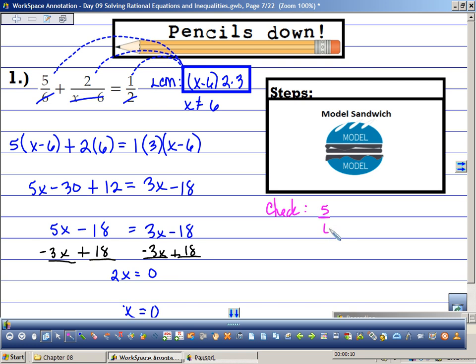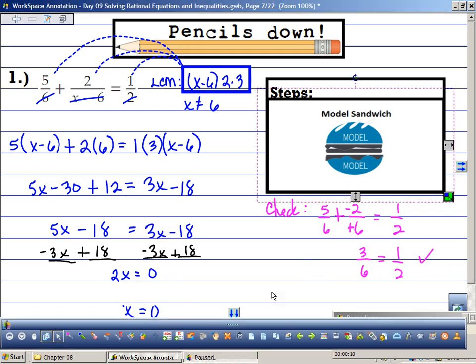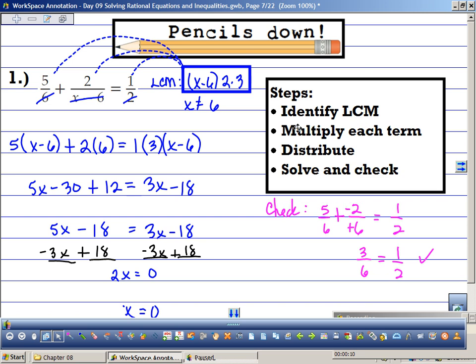I have 5/6 plus 2 over 0 minus 6, which is just negative 6, equals 1/2. 5/6, I can make this a positive, this a negative. 5/6 minus 2/6, 3/6, equals 1/2. It checks. Here are my steps. Identify LCM, multiply each term, distribute, solve, and check.